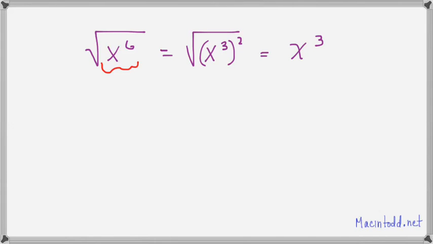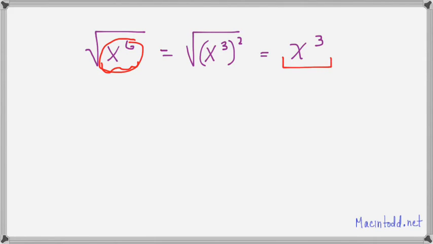X to the sixth is clearly a positive number. I don't care if x is -1. If you got 6 -1s multiplied together, you're going to get a positive number. If x is +2, you're going to have 6 positives multiplied together, you'll get a positive number. So I am taking the square root of a positive, and my answer should be positive.